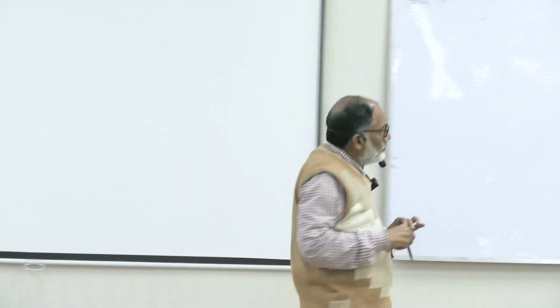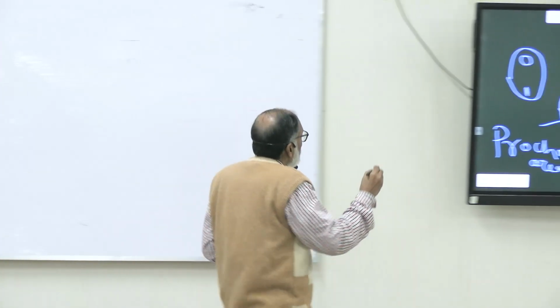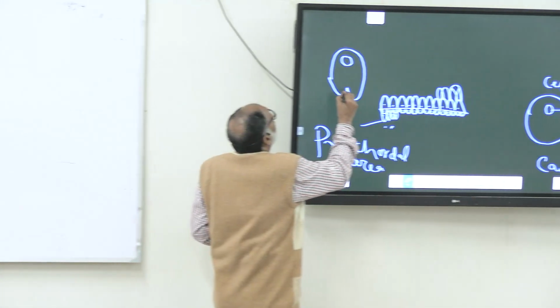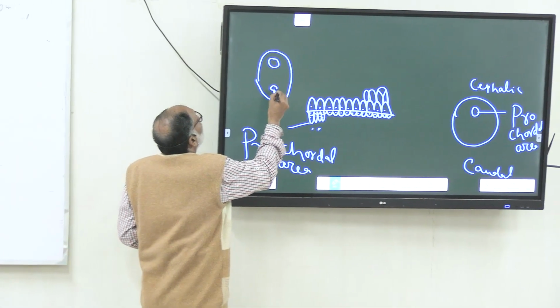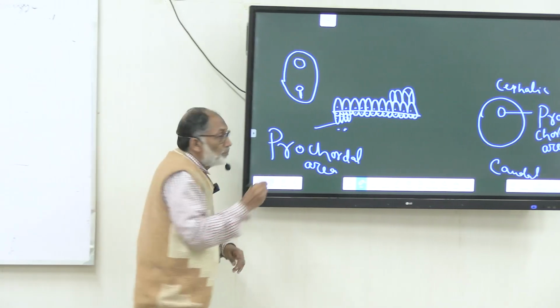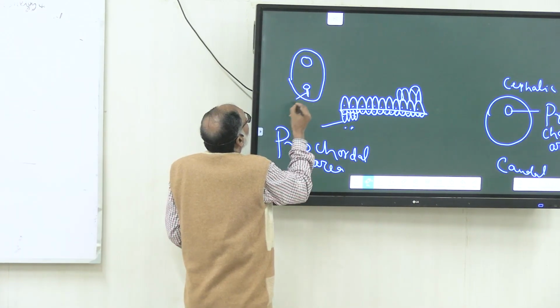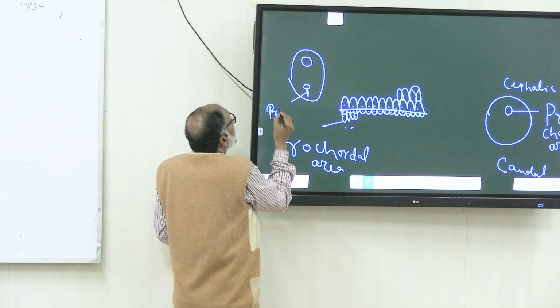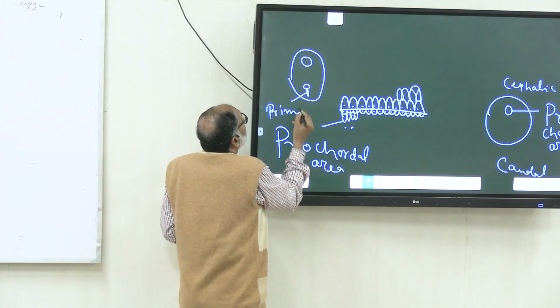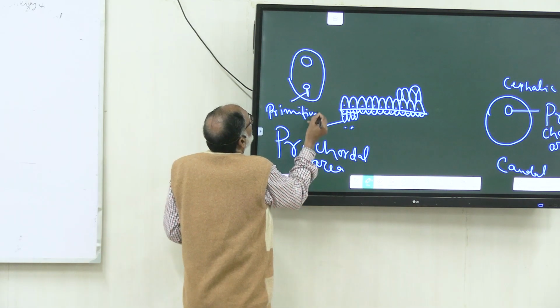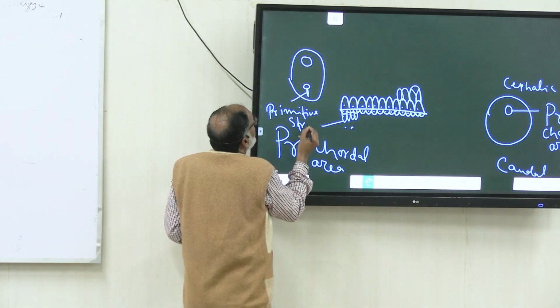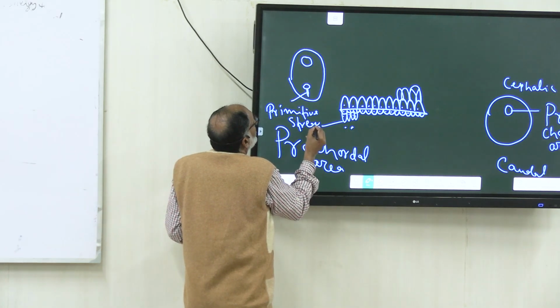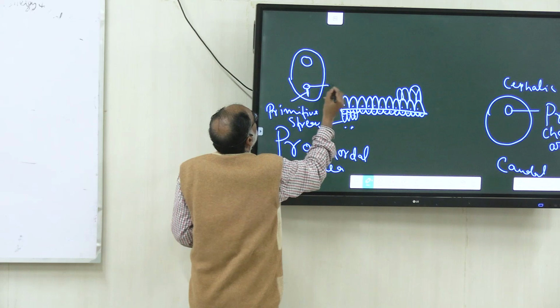It becomes linear. Some cells become more proliferated, so it becomes like this. This is called the primitive node, and this is the primitive streak.